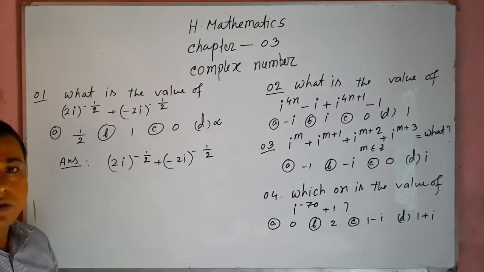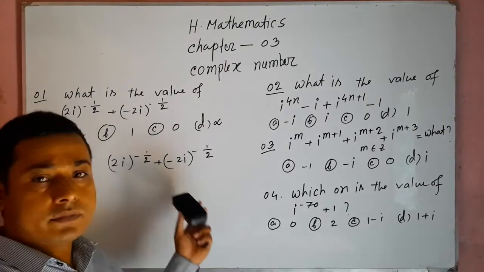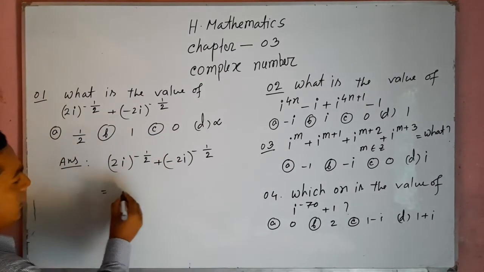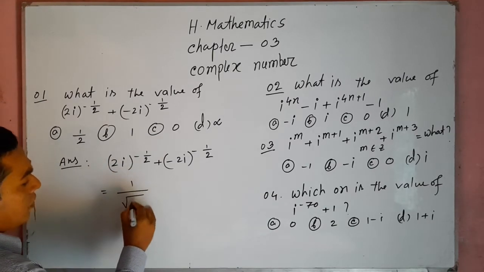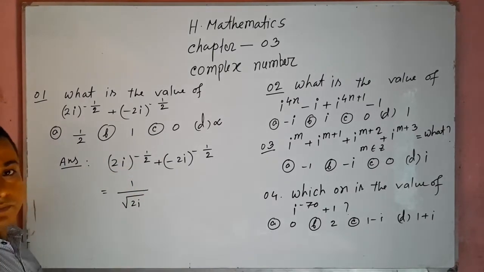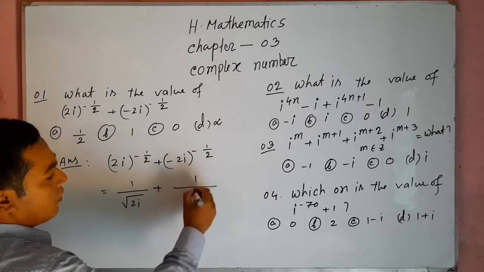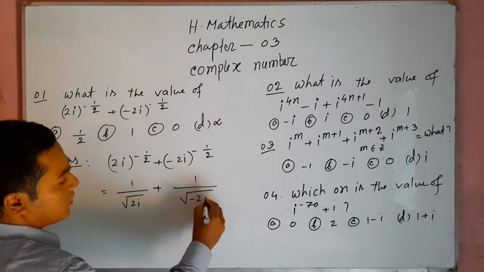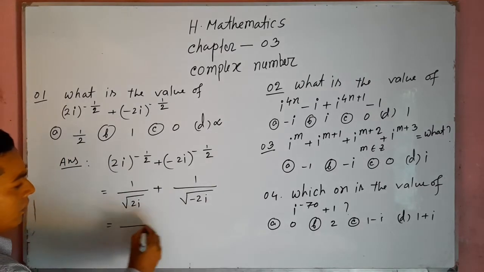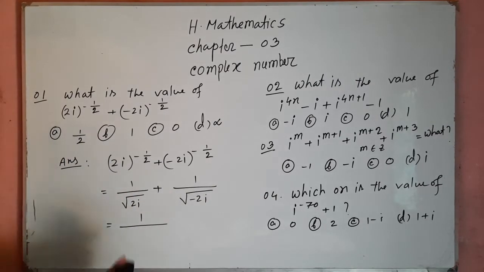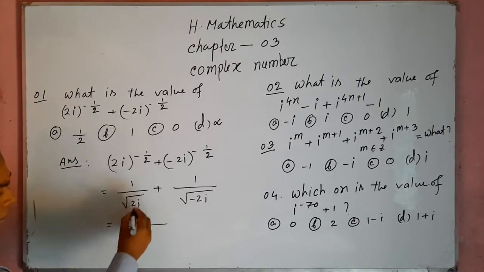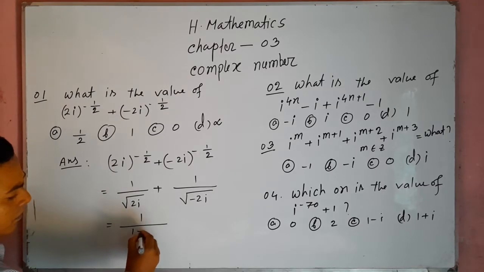How can we write it? Minus half means 1 by root over 2i, and also 1 by root over minus 2i. And 2i we can write as 1 plus 2i minus 1.